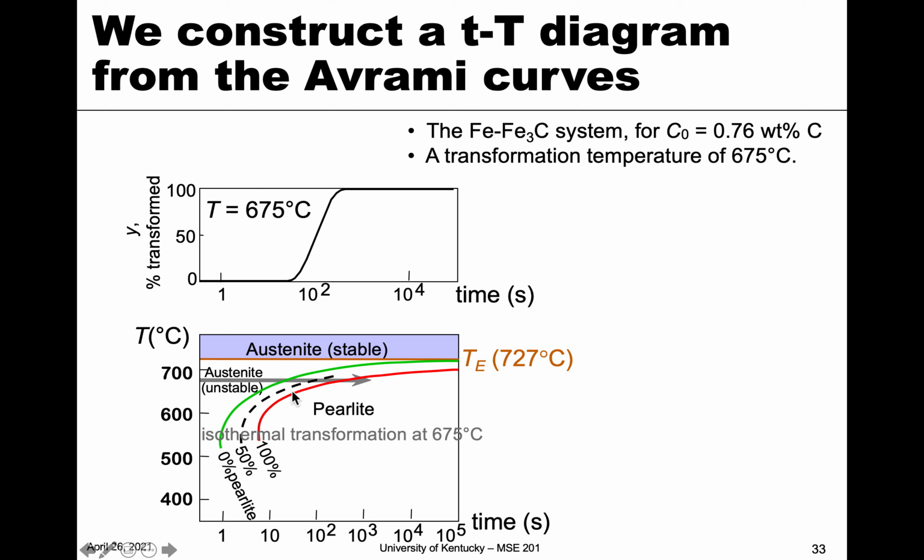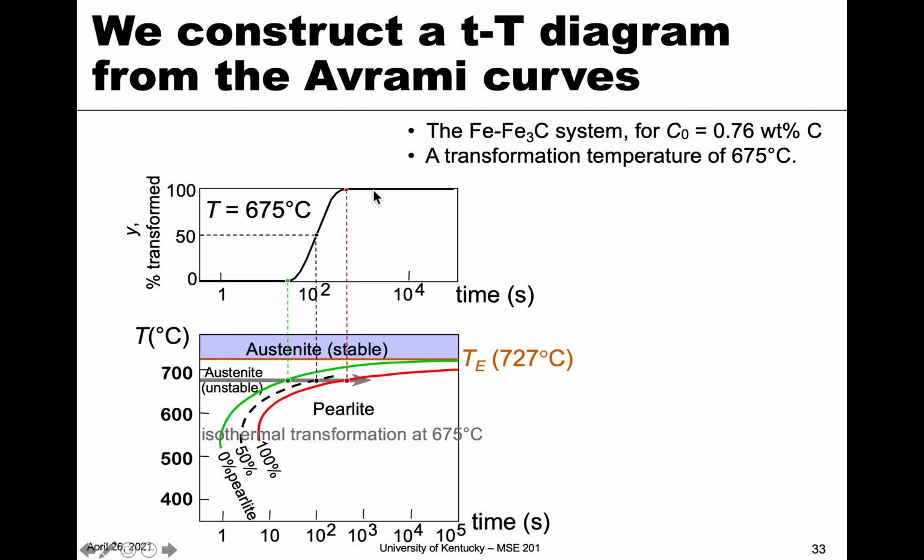You see we're going to have an initial point on the green curve that means we have 0% pearlite, because this is austenite to pearlite. Then we're going to have a 50% curve, which is the dashed one, and then 100%, which is the red. If you translate this point, the initiation of that reaction, to here, you get the initial point, then you get the 50% here to the dashed line, and then the 100% to this final line.